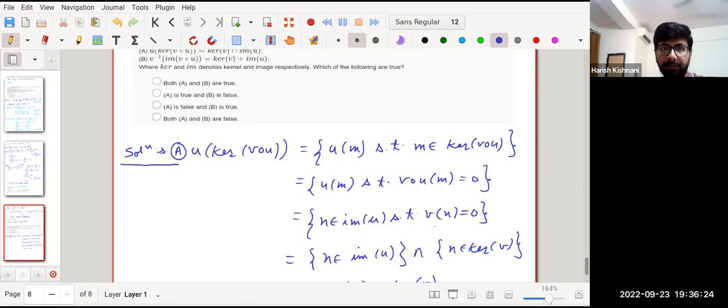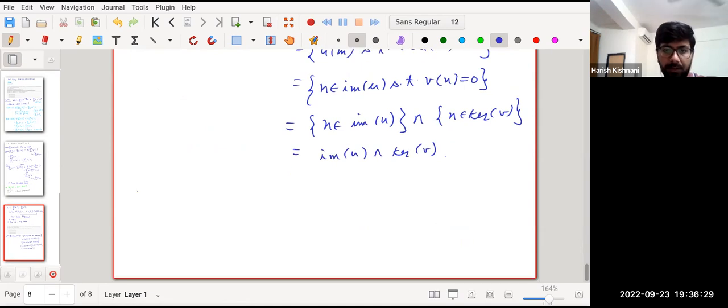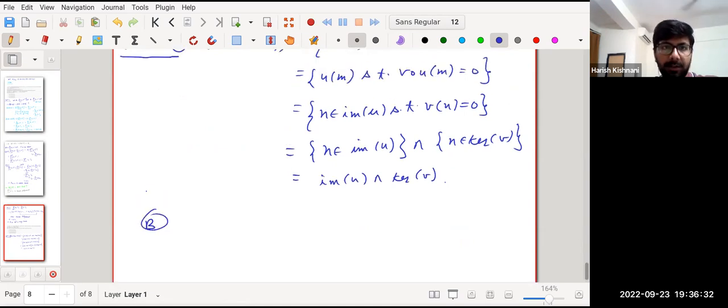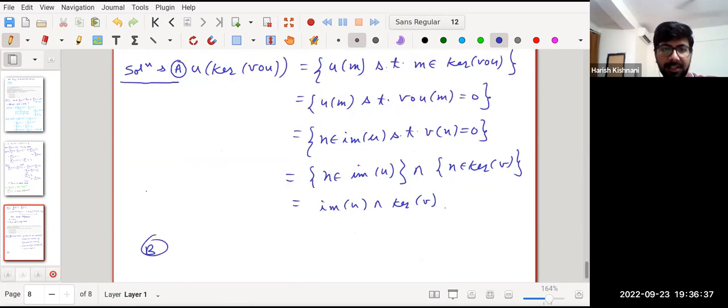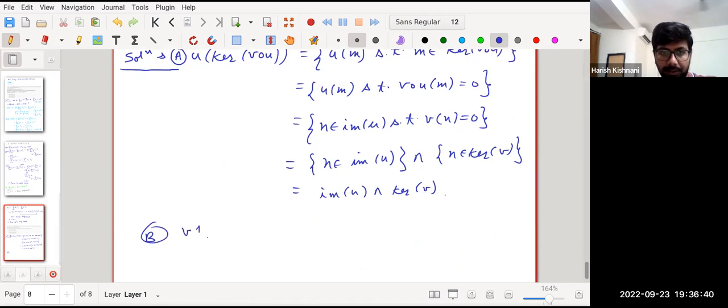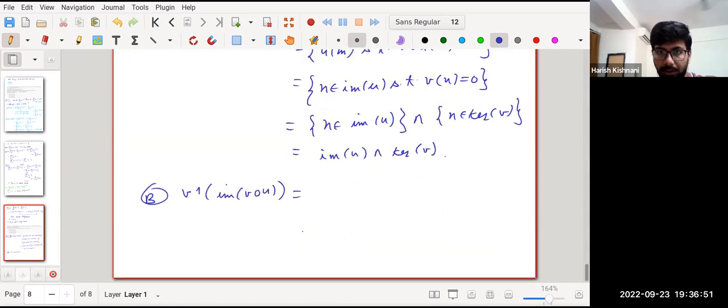The second part is a bit tricky, so let me solve that also. It says V inverse image of V composed U is same as, let me first write it. Image of V composed of U, that is kernel of V plus image of U. This sum is just the sum of modules.